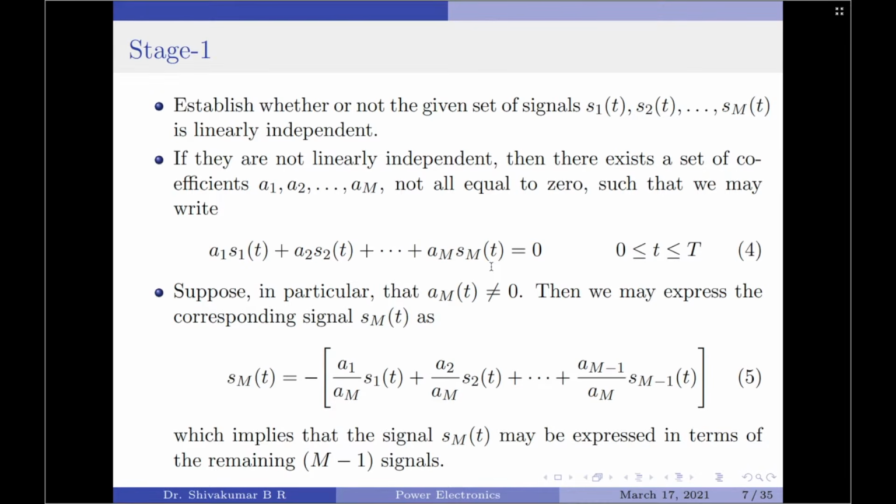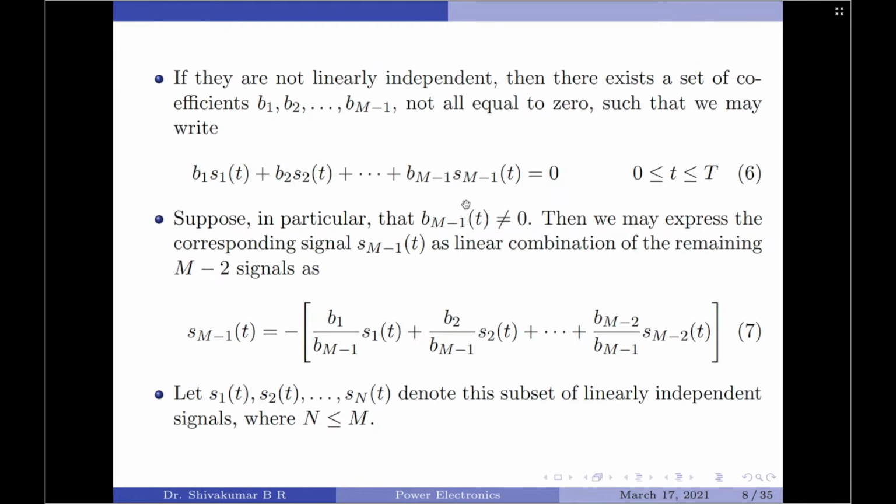Consider next the remaining set of signals which are S1 of t, S2 of t, etc., till Sm minus 1 of t. Either this set of signals is linearly independent or not. If they are not linearly independent, then once again there exists a set of coefficients given by b1, b2, etc., till bm minus 1, not all of them being equal to 0, in such a way that we can write the coefficients and the signals related as in equation 6.